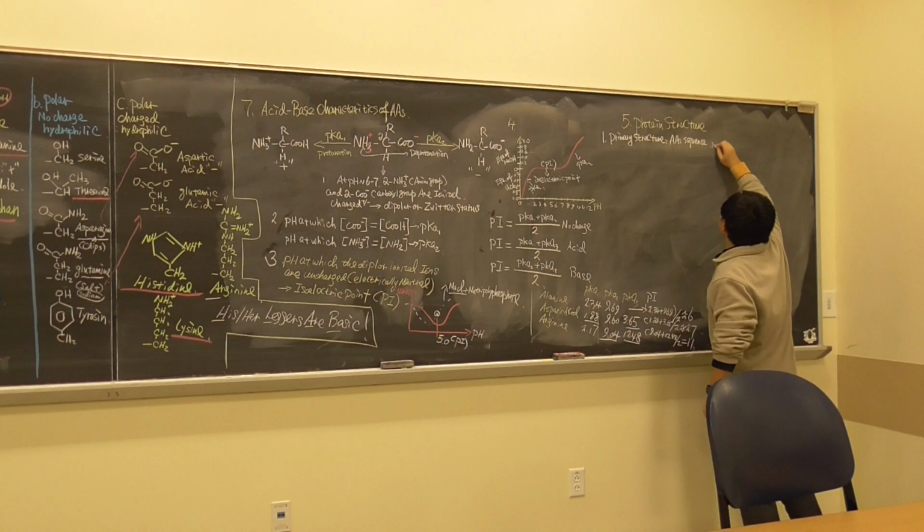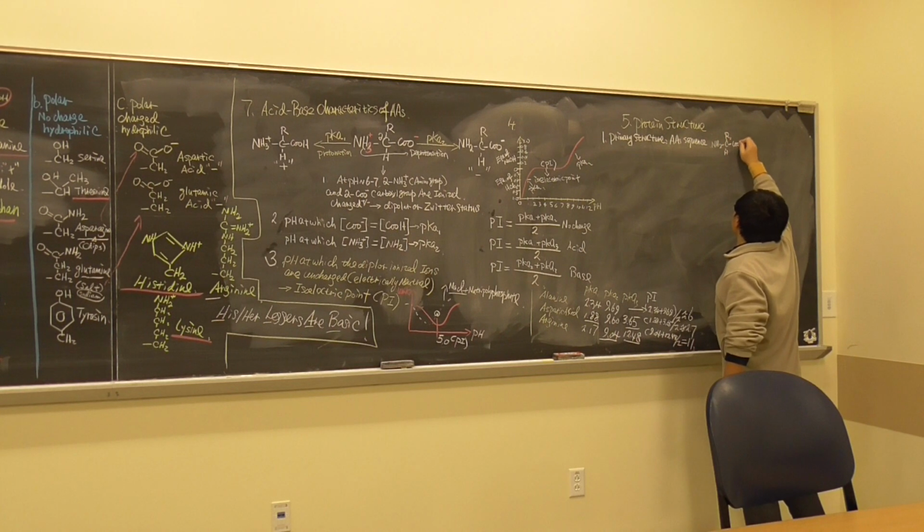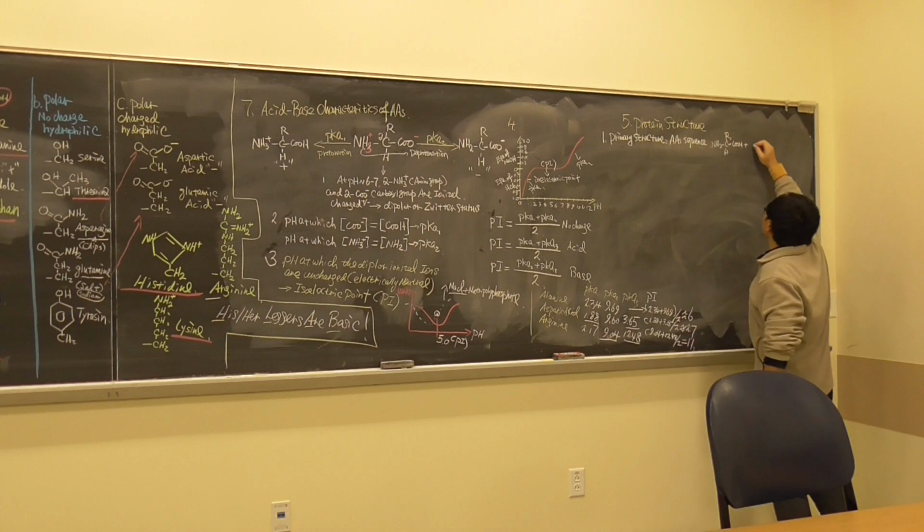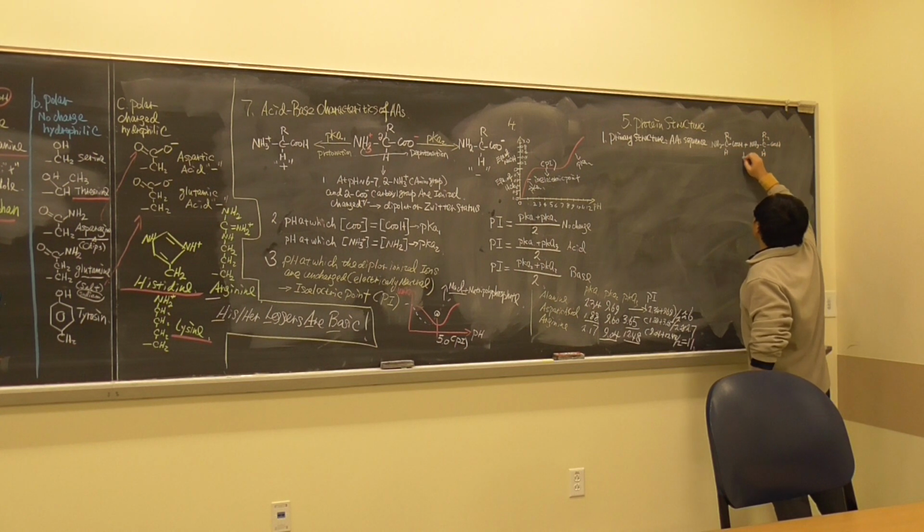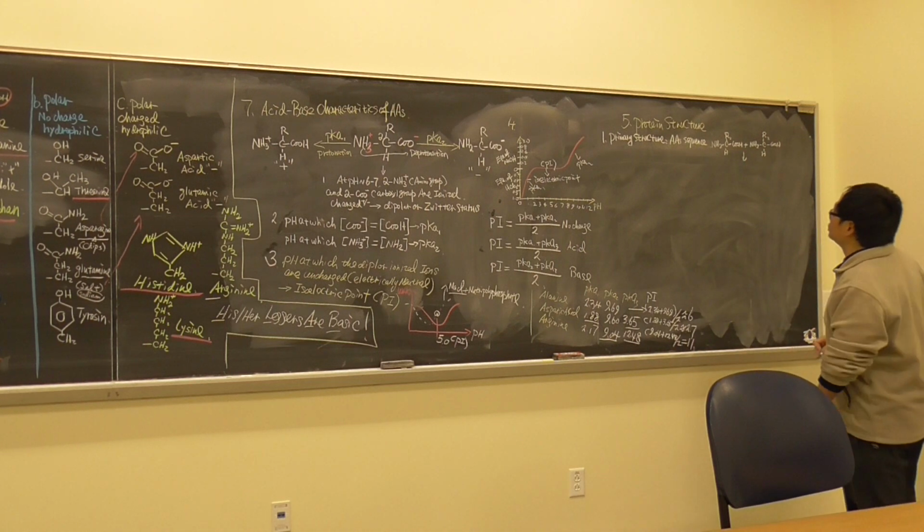Let's say I have NH2, CR1H, COOH. Then you add the second one, NH2, CR2H, and COOH. If they combine, what happens? We lose water.